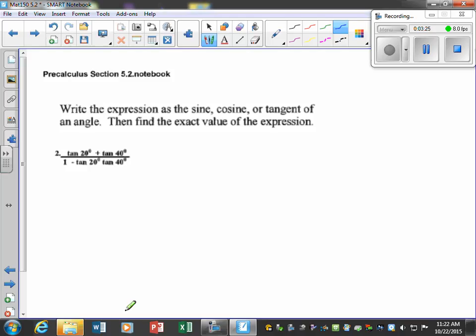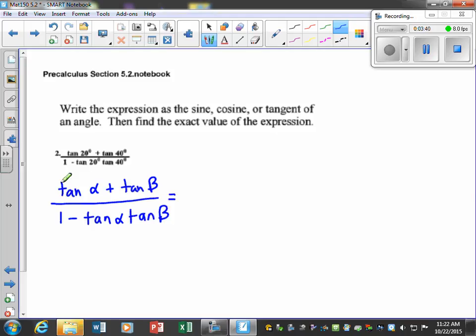I'm going to transfer that to my problem so we can work with it. This is tangent of alpha plus tangent of beta over 1 minus tan alpha times tangent beta. Our next step is to identify our alpha and our beta. What is alpha? 20. What is beta? 40. According to our formula sheet, this is equal to tangent of alpha plus beta.